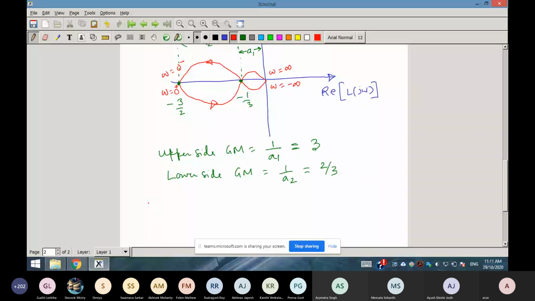Okay, so that comment I am just writing. Note: Nyquist plot is symmetric with respect to x and y axis.